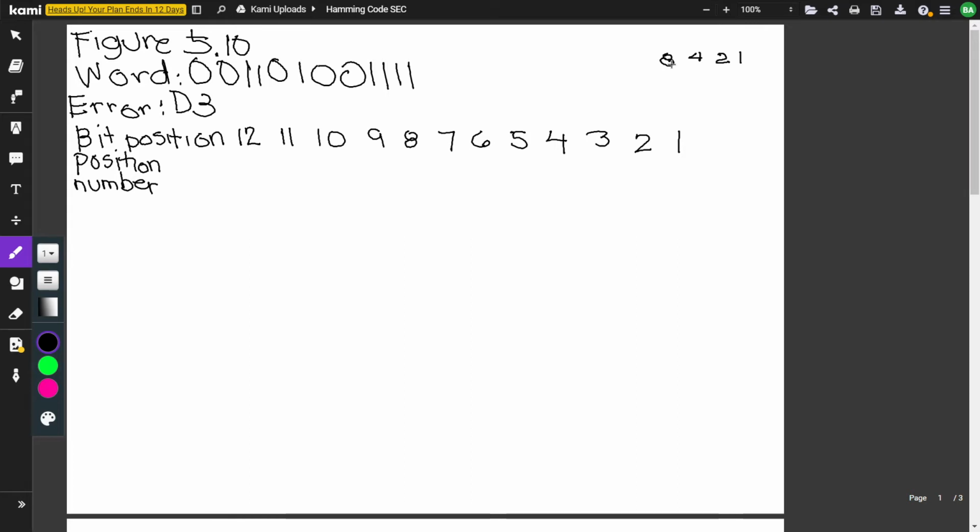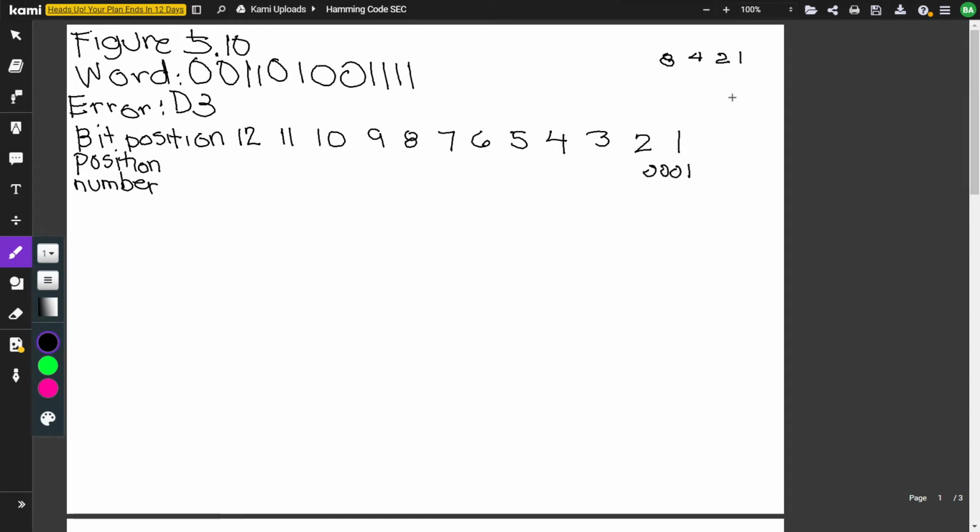For 1 we have 0001, because of the 1, 2, 4, 8 values.